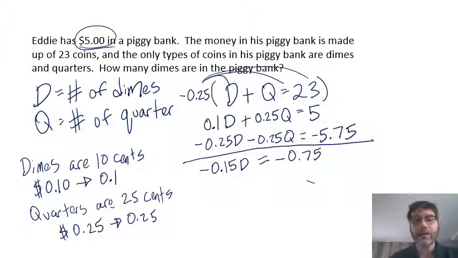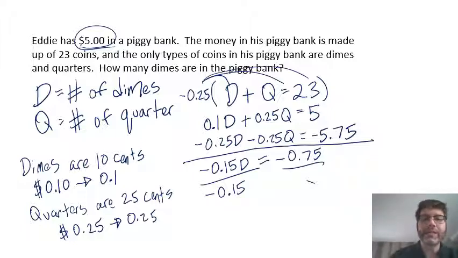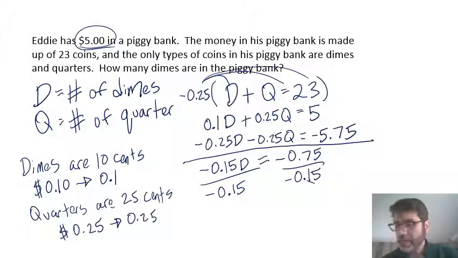Now here's another case where our calculator comes in handy. We're going to divide both sides by negative 0.15 to isolate D. It turns out that negative 0.75 divided by negative 0.15 is 5.